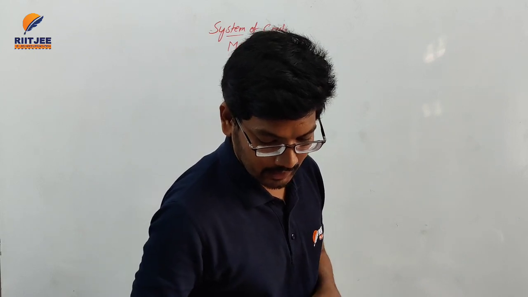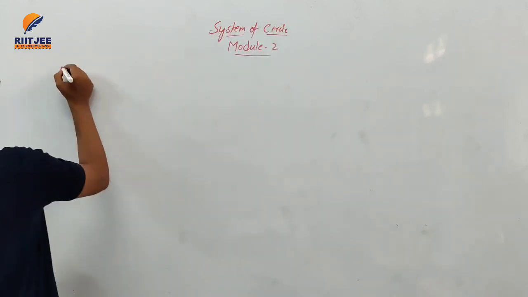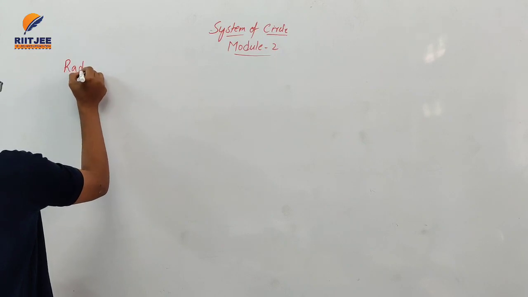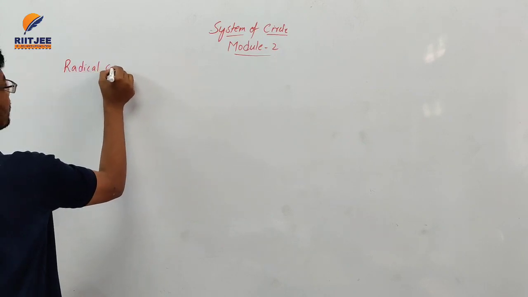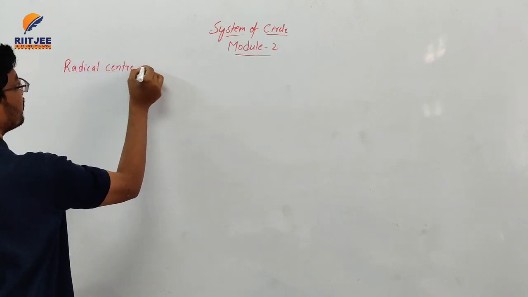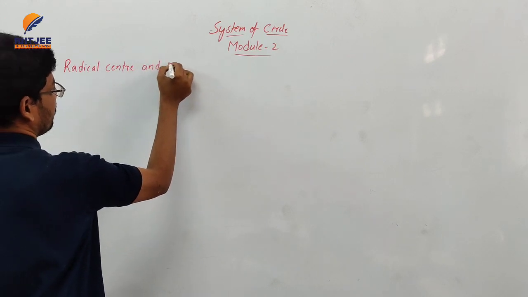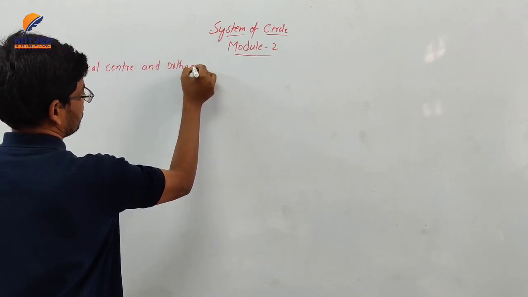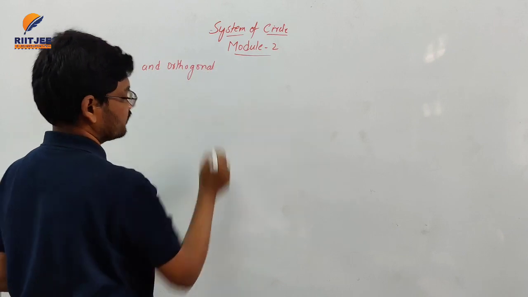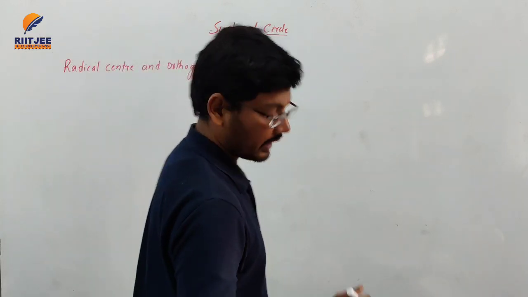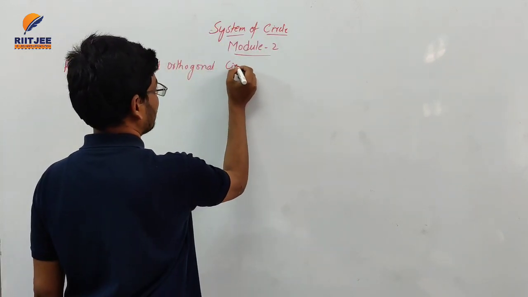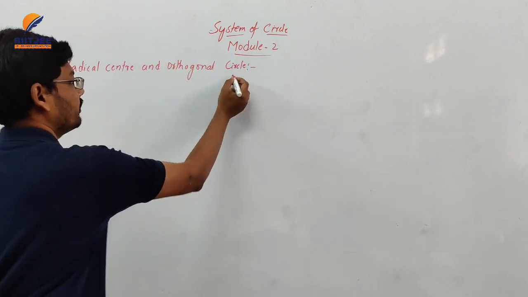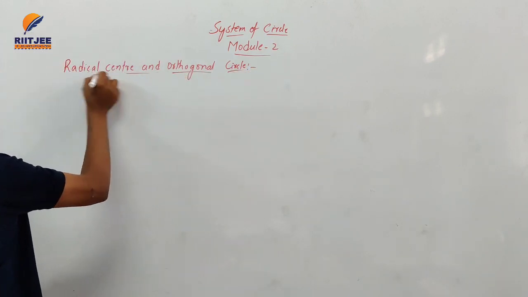Radical center and orthogonal circles. This is our topic name, and in this topic we are going to discuss some problems.